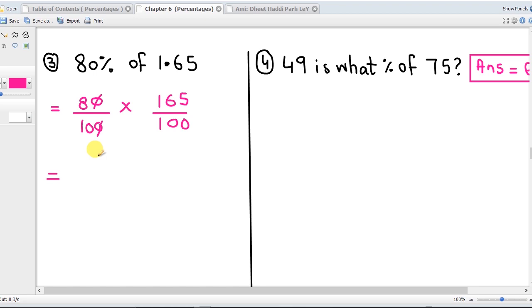So 8 times 165 will give us 1320, and 10 times 100 is 1000. So this 0 is going to be cancelled out with this 0. So the value we are left with is 132 over 100.